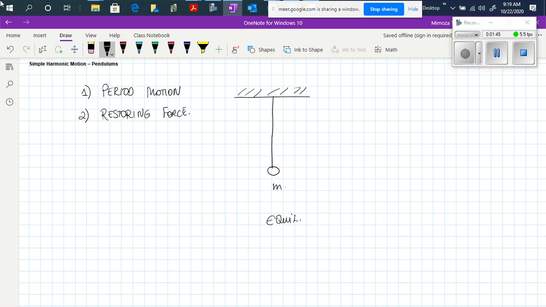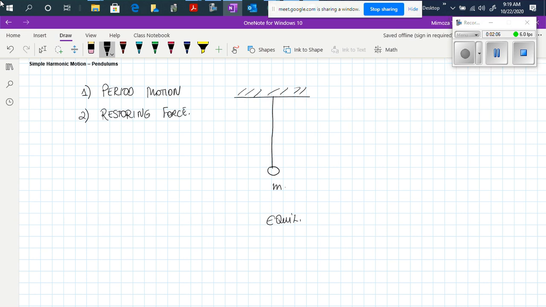Every time that we say in physics equilibrium or suspended or constant speed, what does that mean in terms of forces? How do we translate this in our mind in terms of forces? It means the net force is equal to 0. The object is not moving.